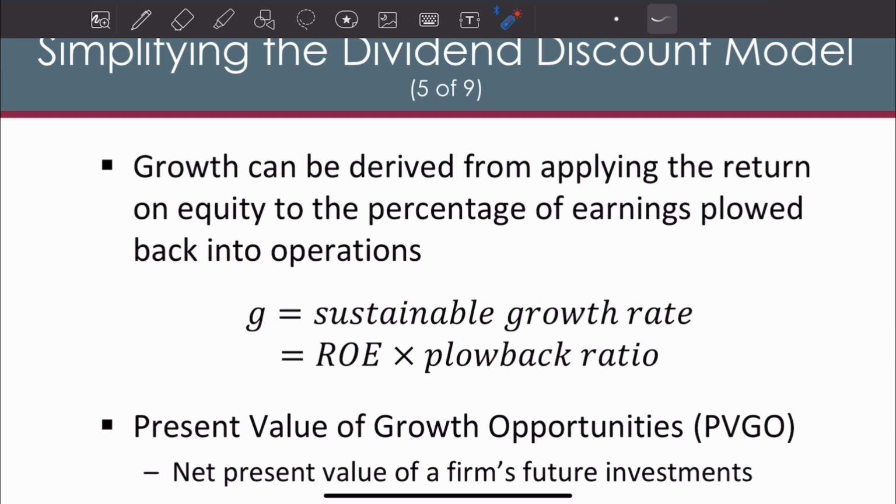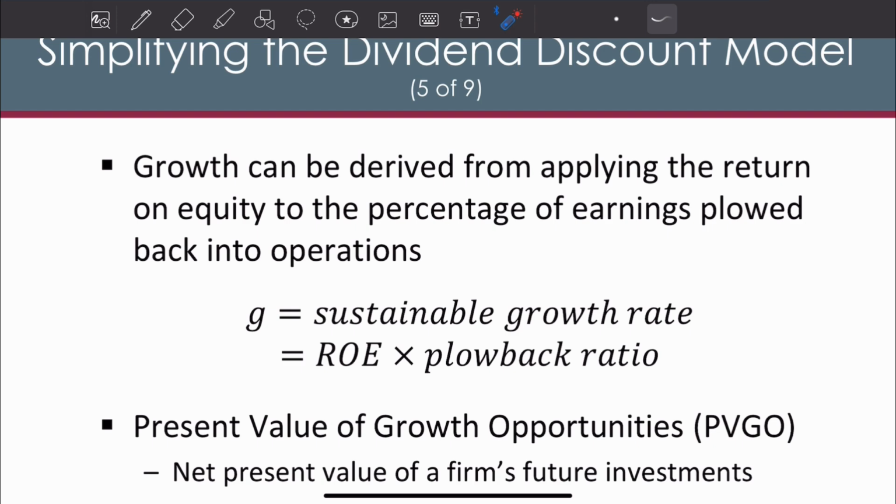Now, G could be given directly in the question most of the time, but sometimes if it's not given, you might be given the return on equity and the plowback ratio instead. Okay? Or you might be given the return on equity and the payout ratio, and from the payout ratio you're going to have to calculate the plowback ratio and substitute it in this formula to find G.